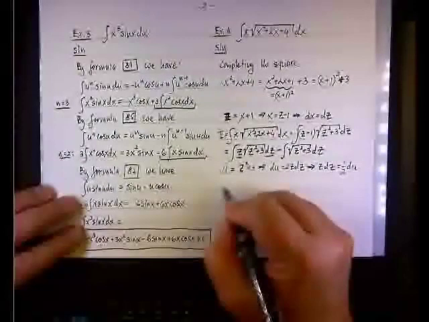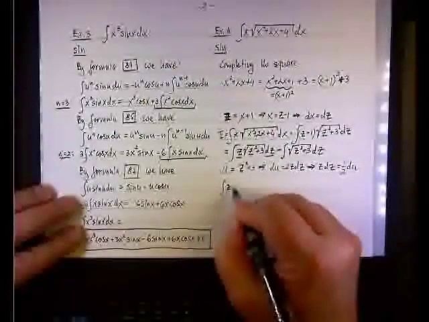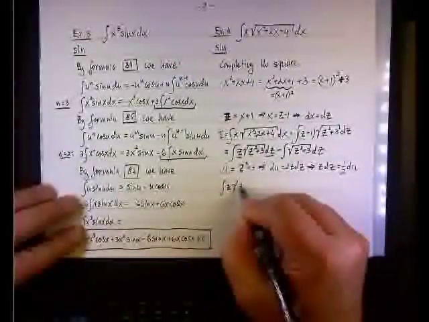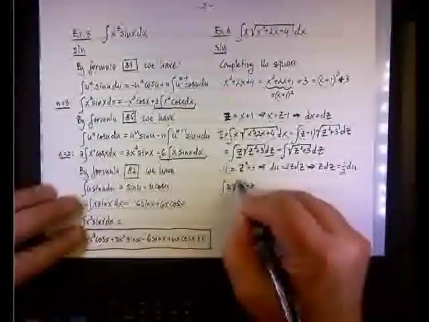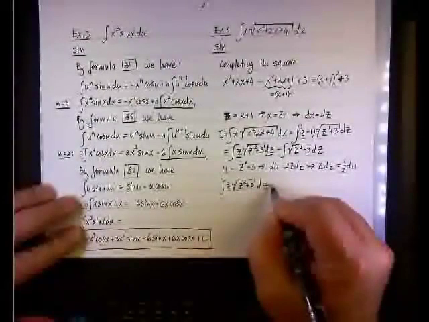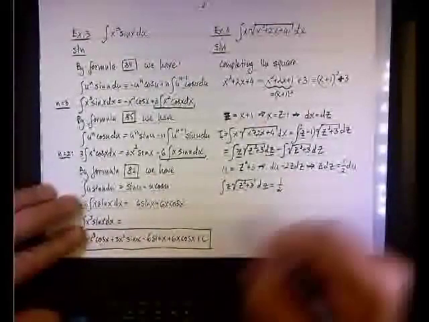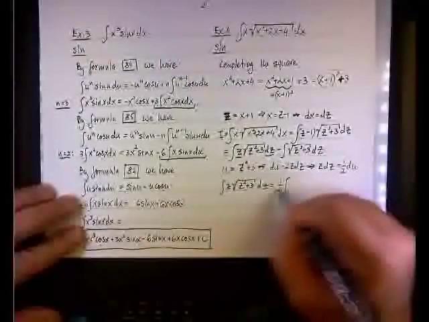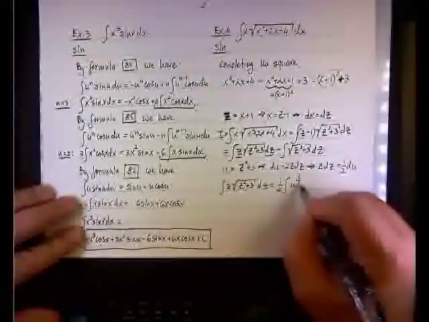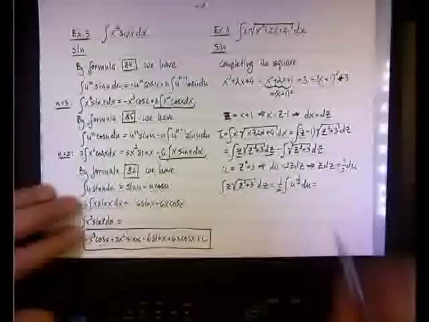Okay, so the first integral, z times the square root of z squared plus 3 dz becomes, we pull out the 1/2, and then we have the square root of u, or u to the 1/2 du.